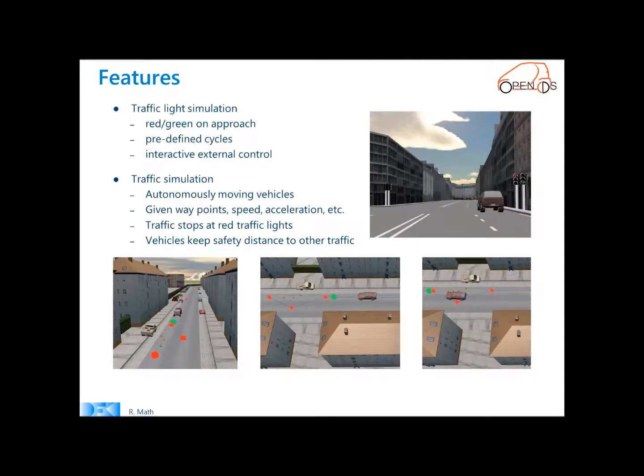You can even assign speeds and acceleration values to your vehicle for these sections in order to follow these lines or to obey speed limits in some sections. Furthermore, the traffic obeys traffic lights. So whenever a red traffic light is close to the car, it will stop. And also it keeps the safety distance to you and other traffic vehicles.